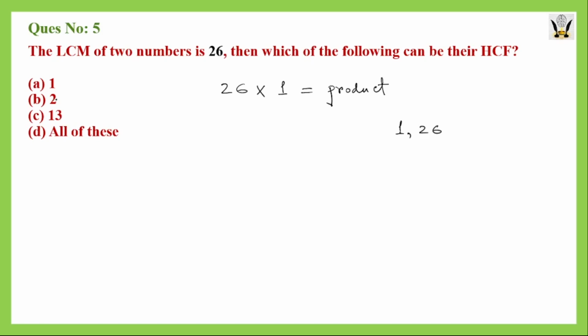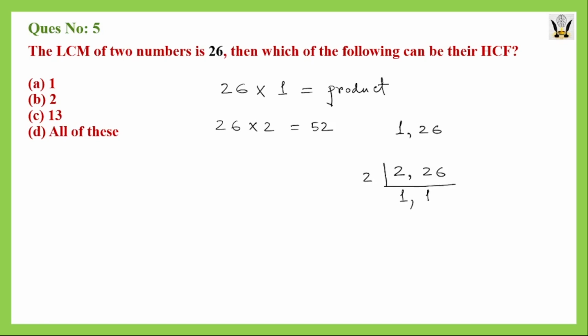Now if we come to the second option, that LCM value is 26 and HCF value is 2. There again the multiplication of these two values will be their product, and that will be 52. Now if we say that one of the numbers is 2 and the other number is 26, and then find the common factors of these two numbers, we will divide this by 2.